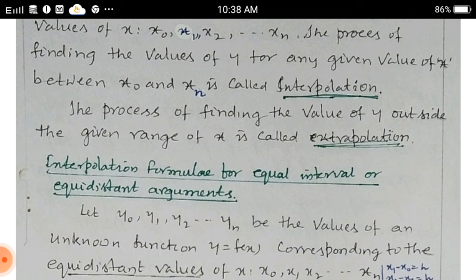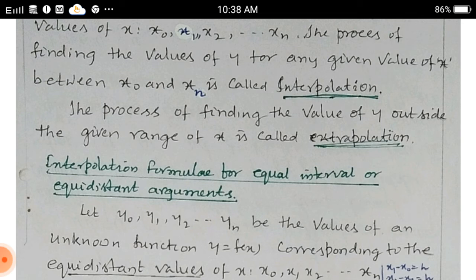First, interpolation formulae for equal intervals. We first learn two formulas to find the value of y for any value of x, which may be inside or outside the table. Those values of x are equidistant, or at equal intervals.